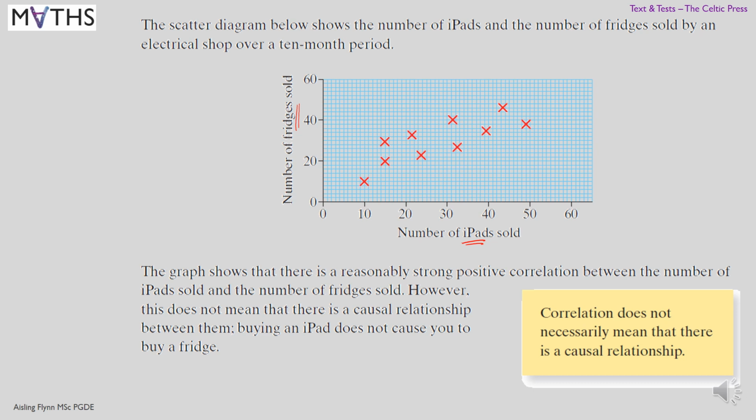Okay, the graph shows that there is a reasonably strong positive correlation between the number of iPads sold and the number of fridges sold. However, this does not mean that there is a causal relationship between them. Buying an iPad does not cause you to buy a fridge, and vice versa. So correlation does not necessarily mean that there is a causal relationship, so bear that in mind.